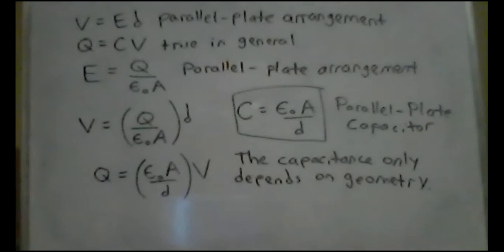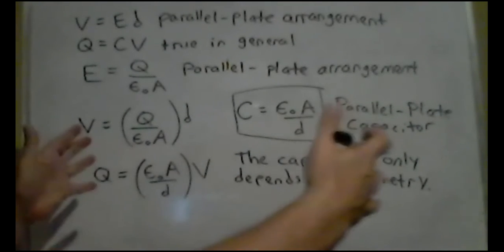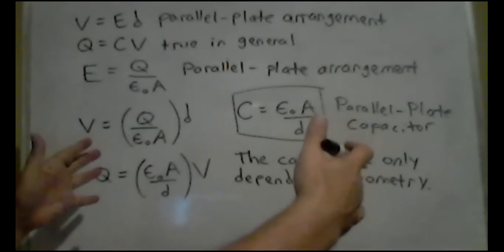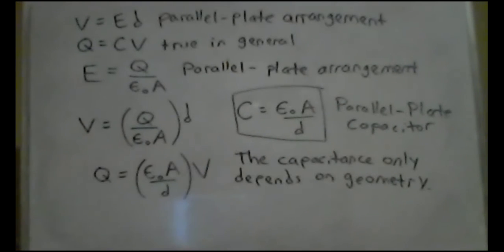You only see area, so if you want to increase the capacitance, what do you do? Well, you can make the plate bigger, or you make the separation smaller. Again, how do you make a fraction bigger? Well, you increase the numerator, make the area bigger, or reduce the denominator, make this plate separation smaller. All right, and so that's the game you would want to play to try to make the capacitance bigger.